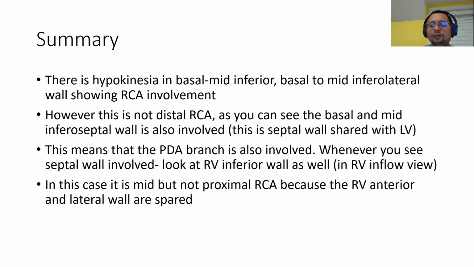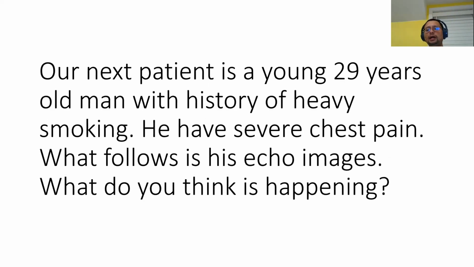All the walls supplied by the right coronary artery are affected except the RV anterior, the RV lateral, and also the RVOT wall, which are supplied by the acute marginal branch and also the conus branch of the right coronary artery, respectively. I hope I showed you step by step how we determine which wall of the left ventricle or right ventricle is involved.